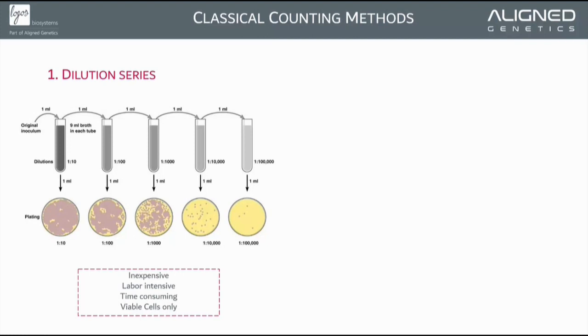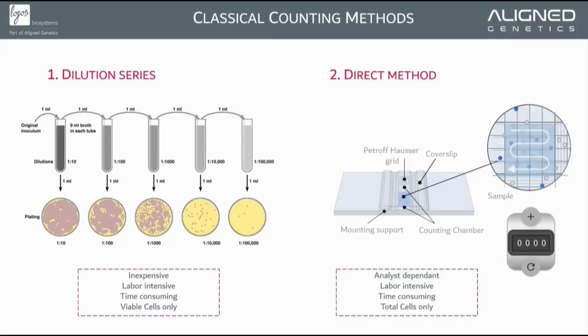However, time investment is a significant drawback when assessing time-sensitive issues such as food or water contamination. It is a long process that takes days. The strength of dilution series is that it is inexpensive, but the weaknesses are that it is labor-intensive, time-consuming, and only works for viable cells.